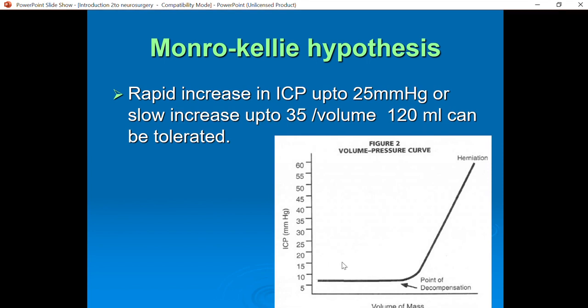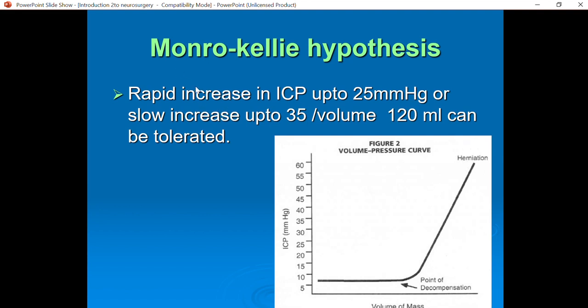When the mass increases, the ICP does not increase because of the compensatory mechanisms we mentioned before, but only up to a certain limit. When there is a very large mass effect or hemorrhage, we reach the point of decompensation, where afterward there will be herniation.